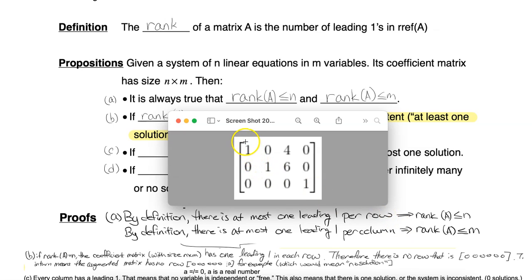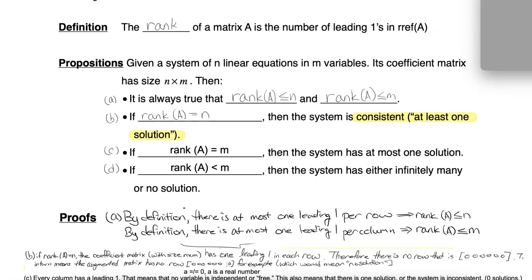Because leading ones always have to go further to the right than the previous one, there can't be more than the number of columns, and there's always just one per row at most. It could be less if we have a row at the bottom with only zeros. So proposition A is quite clear. There can never be more leading ones than the number of rows and columns.